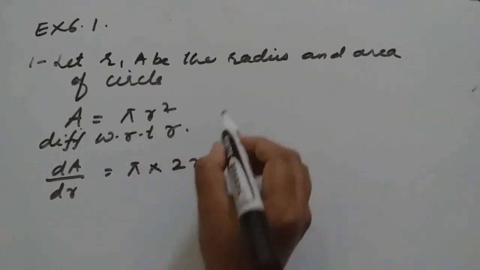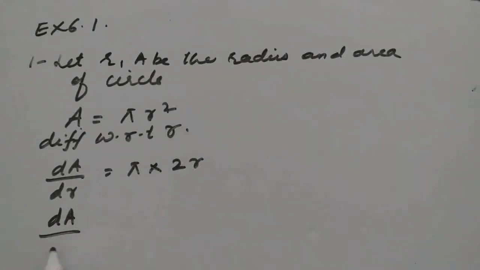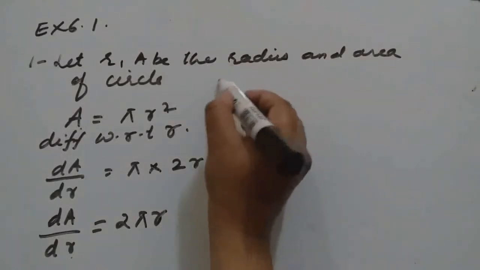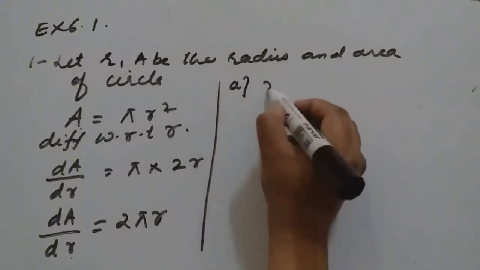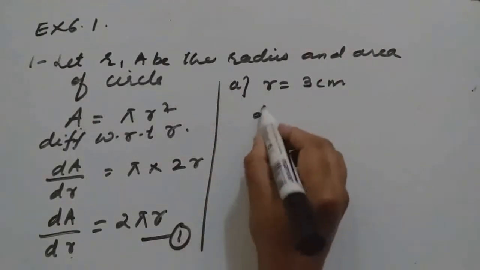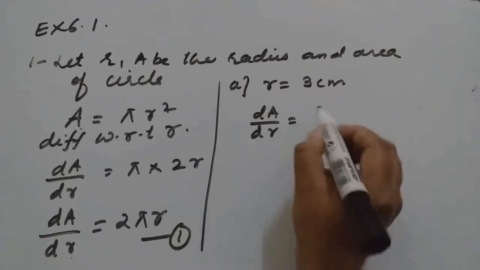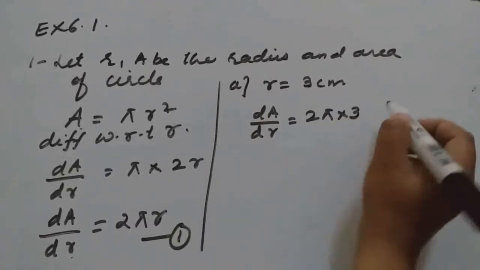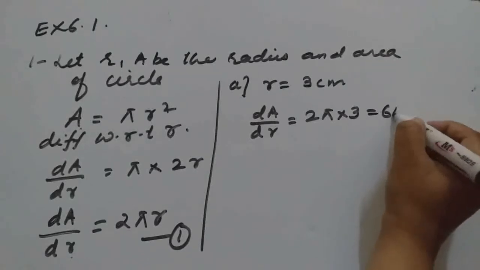So the expression we got here for the rate of change of area with respect to r is 2 pi r. Now the first question is, when r is 3 centimeter. So we will substitute in equation 1. So dA by dr is 2 pi into 3, that is 6 pi.